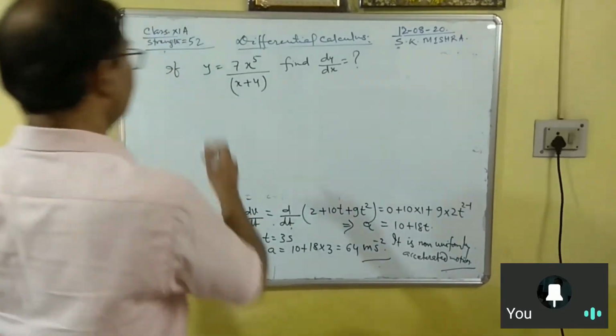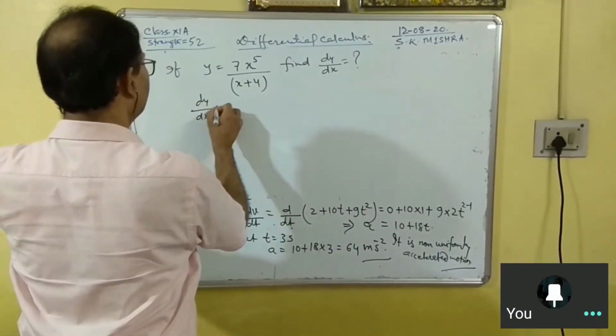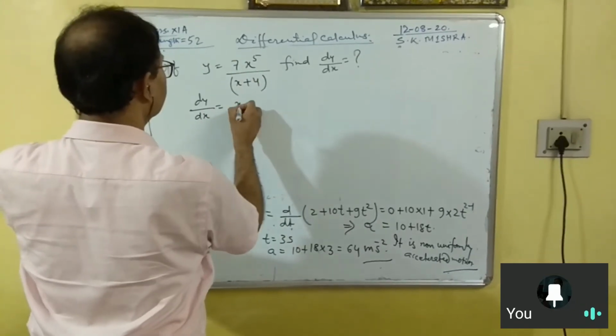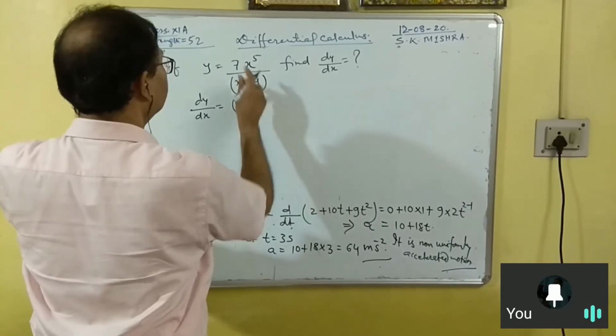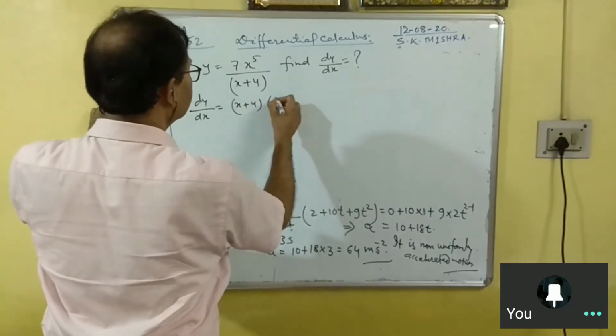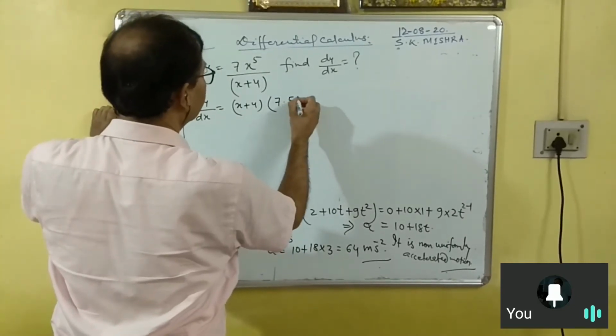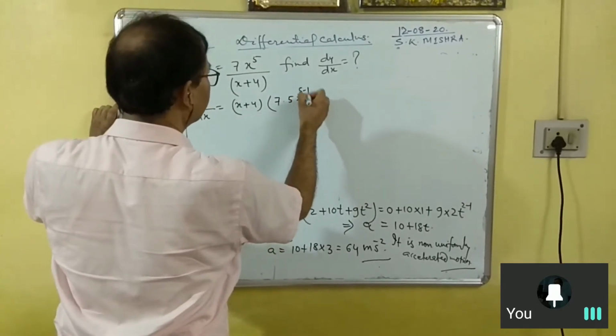So how do you differentiate it? Dy by dx: write the denominator first and then differentiate the numerator. Differentiation of x raised to 5 is 5x raised to 5 minus 1.